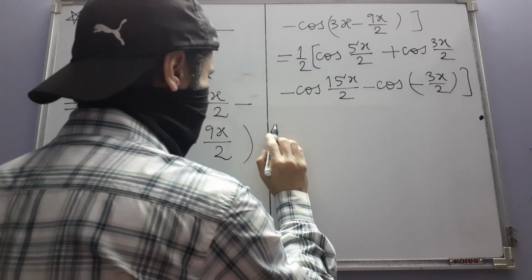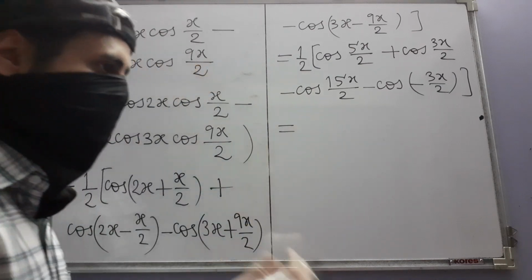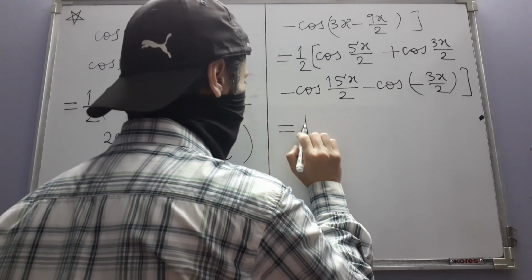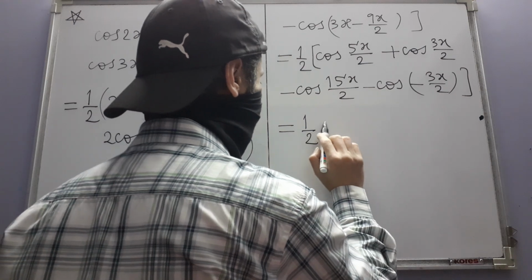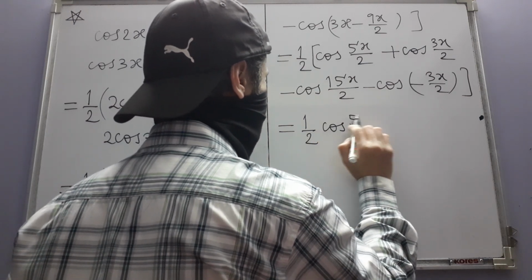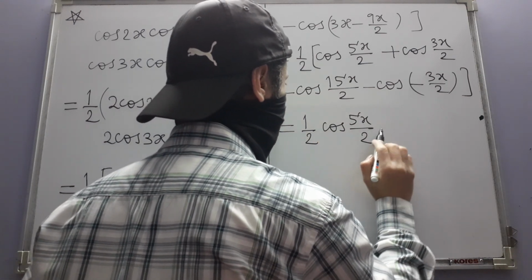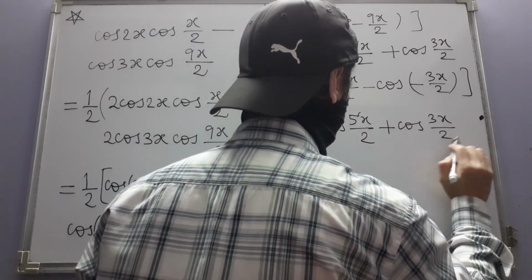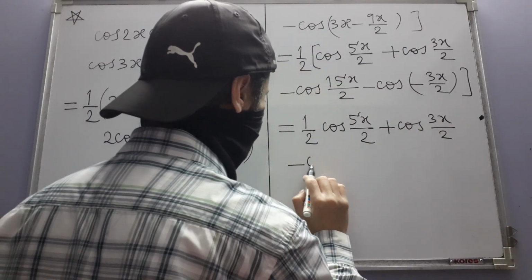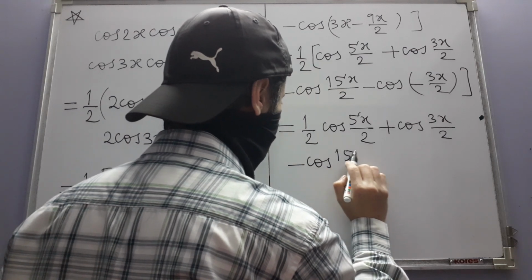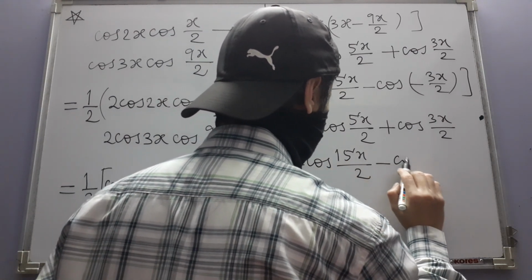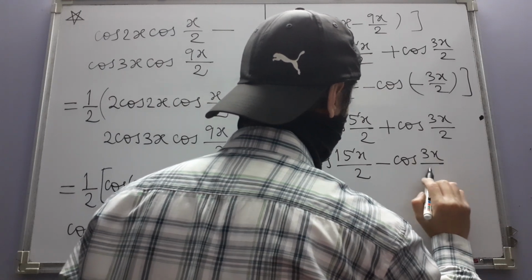Okay, so now we use the fact that cos minus theta is the same as cos theta. So that way we next get this. Minus cos 15x over 2 minus cos 3x over 2.